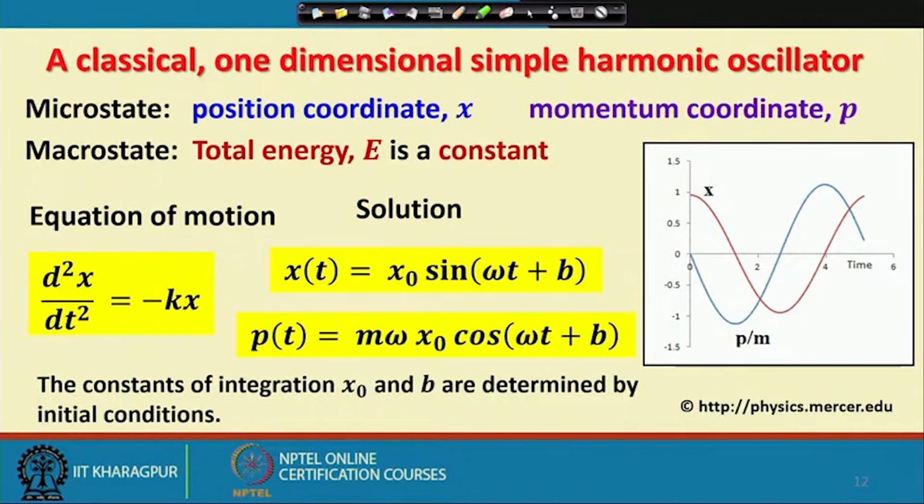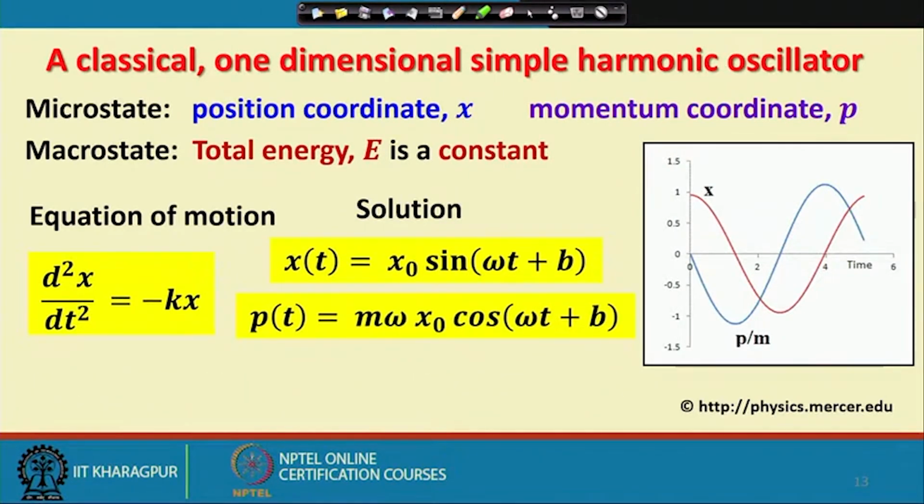Now, what is this telling me? It is telling me that starting from an initial condition which defines my x naught and b, I can calculate the values of x and p for this system at any given time, right.